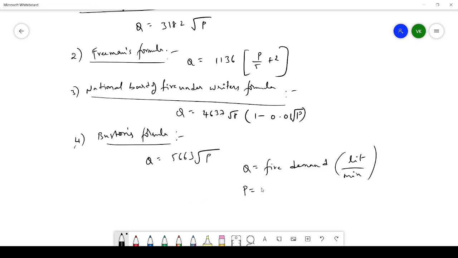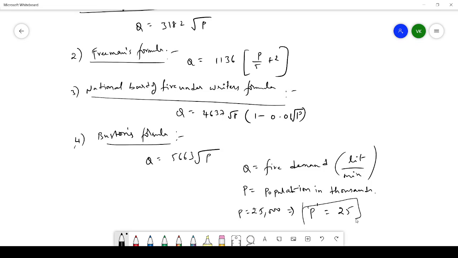Similarly, P is equal to population in thousands. It means suppose the population of a city is 25,000. Then the P value will become 25.